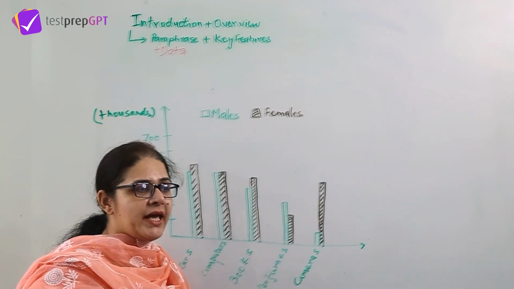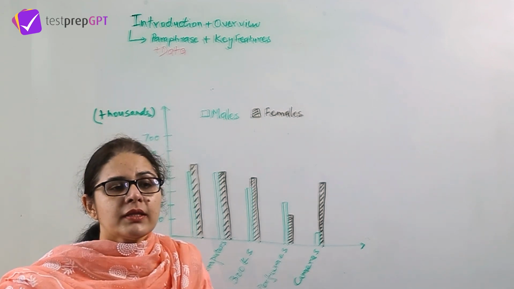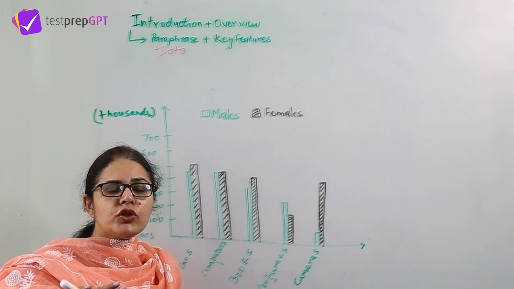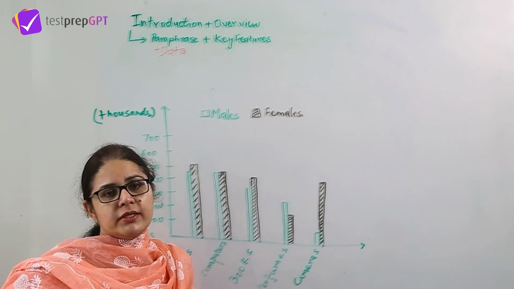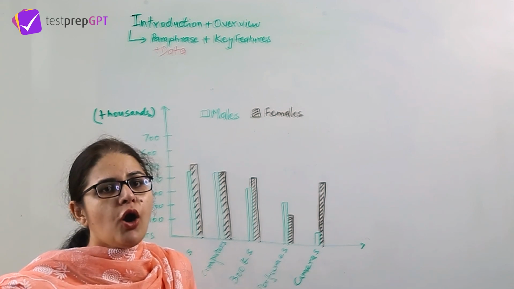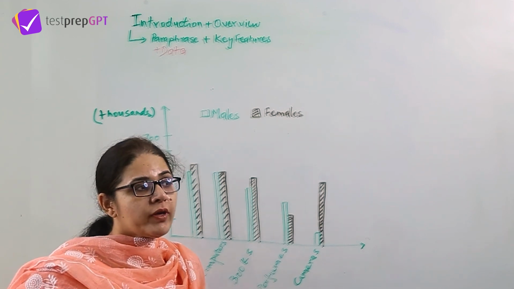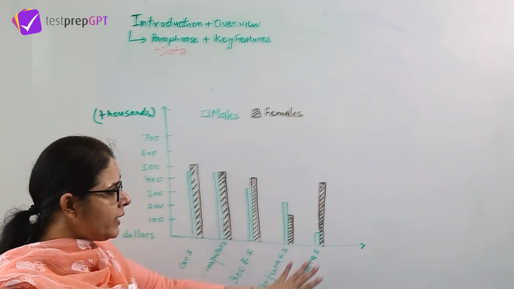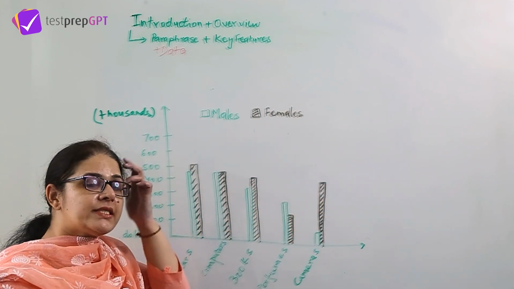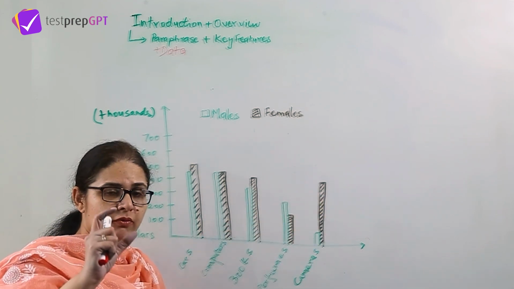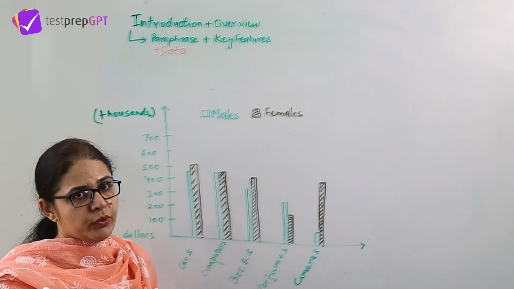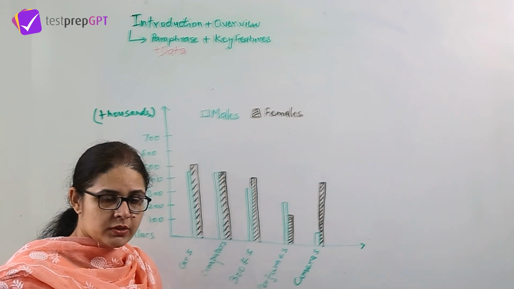So the question said, the chart shows expenditure on consumer goods by 2 genders in 2016. How can we paraphrase this? We can write the words the chart as they are, or we can say the bar graph. Then instead of the word shows, which is the verb here, we can add another verb, for example, demonstrates.